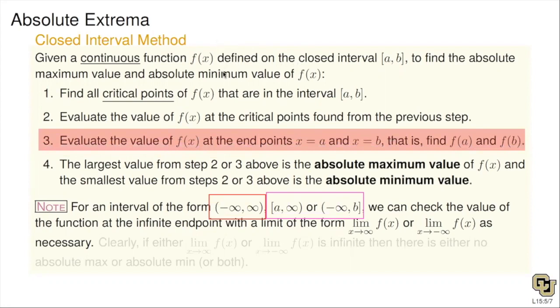If your endpoints are plus or minus infinity, then the only way to quote unquote check the endpoint is to take a limit. So we take the limit of f of x as x goes to plus infinity and minus infinity as necessary.